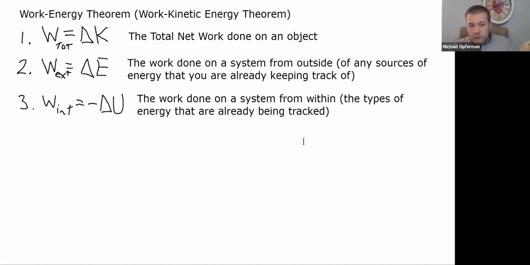One type of transfer, and this is case number 2, an external transfer, is like you get paid from your work and they transfer money into your checking account. This causes your checking account balance to go up, and it also causes your total net worth to go up, both simultaneously. So the checking account balance is like your kinetic energy, and your total net worth, the sum of your two balances, is like your total energy in the system.